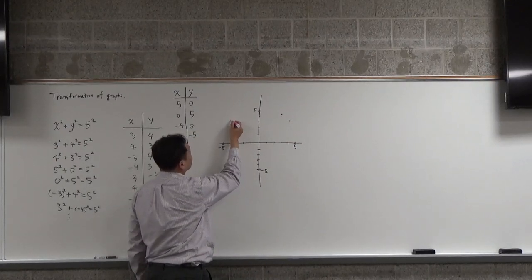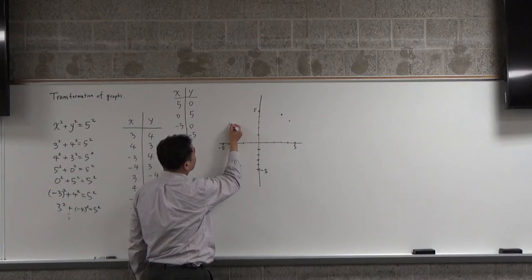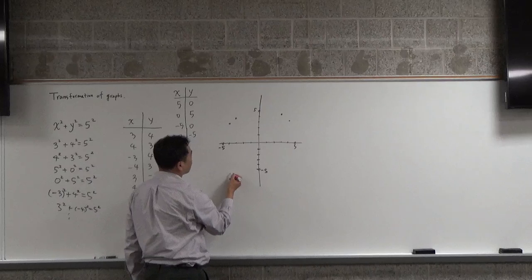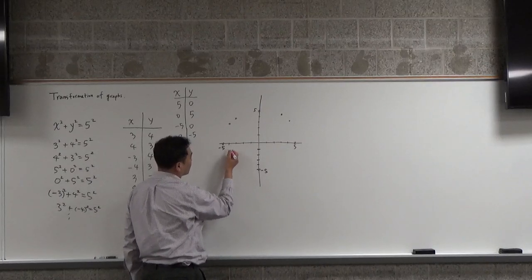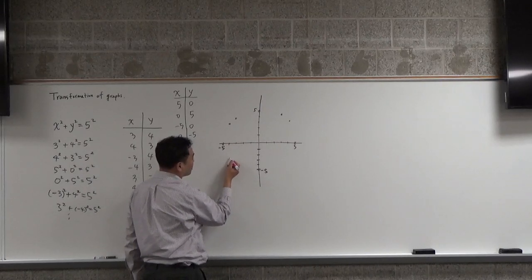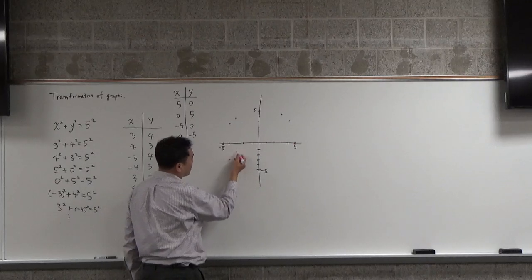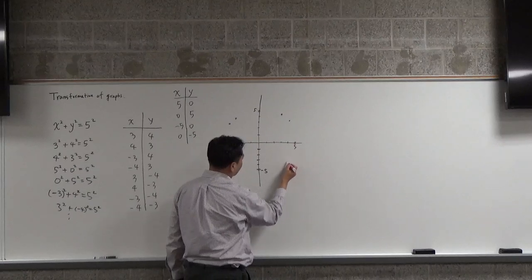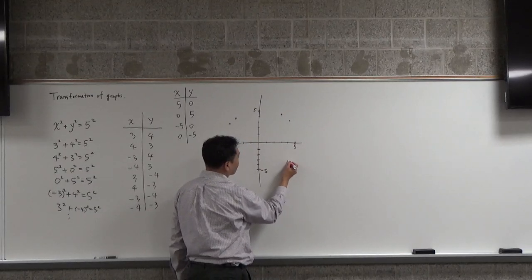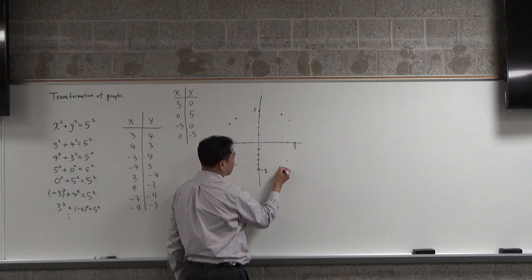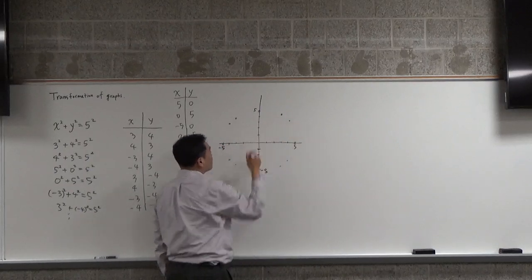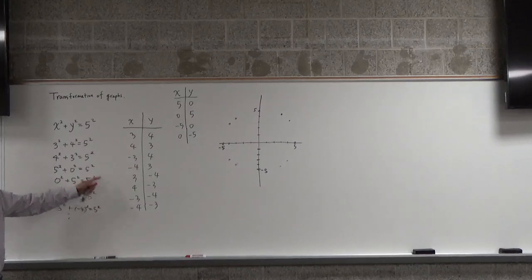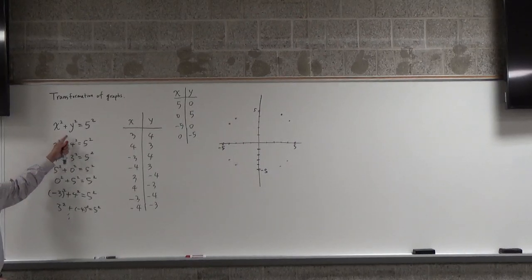Negative 4, 3 is on the graph, and 4, 3 is on the graph as well. Negative 4, negative 3. Negative 3, negative 4. And then 4, negative 3, and 3, negative 4. So these are the 12 points that we found that satisfy this equation.